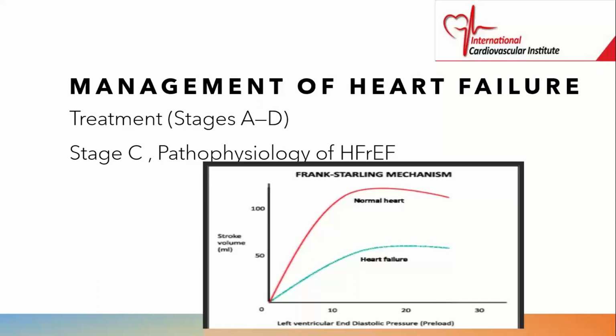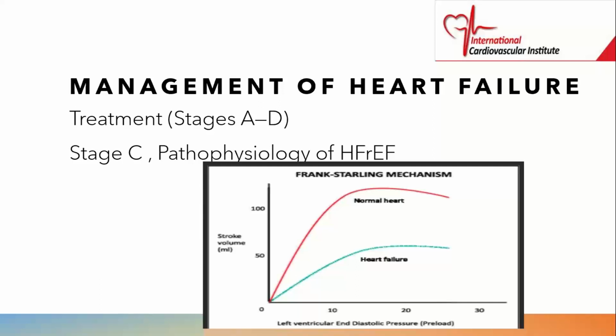Think of it as the blood going to the heart, causing the heart muscle to stretch. That's preload. In diastole, the heart fills with blood and the muscles stretch, and then it contracts and ejects blood from the heart.